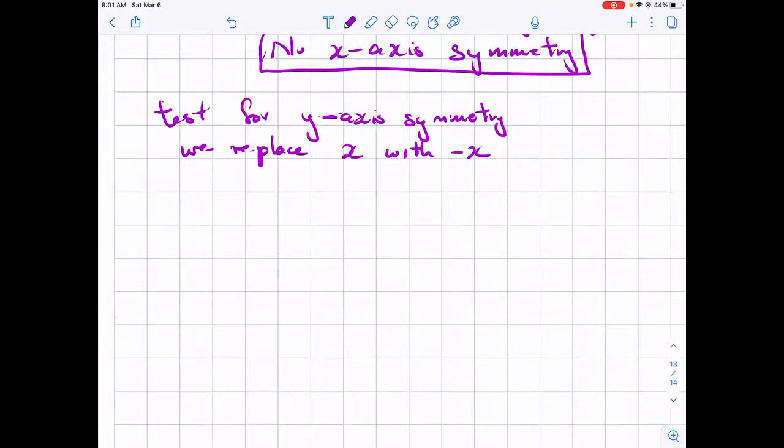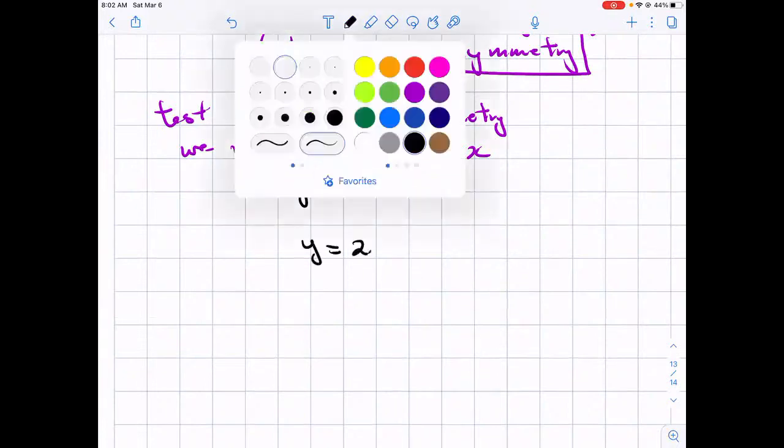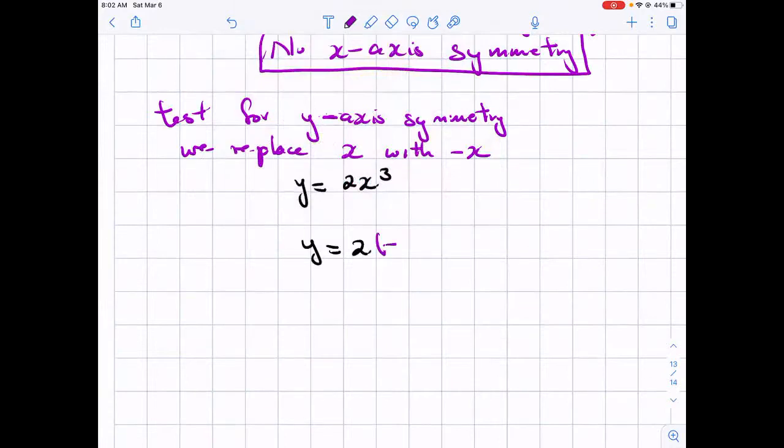Remember, our equation is y is equal to 2x cubed. So we have y is equal to 2, and instead of x now I'll write minus x and cube it.